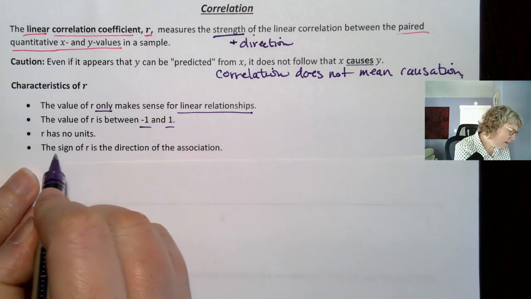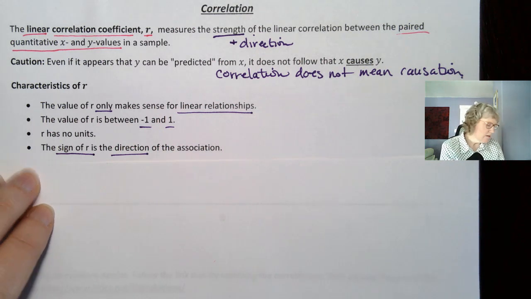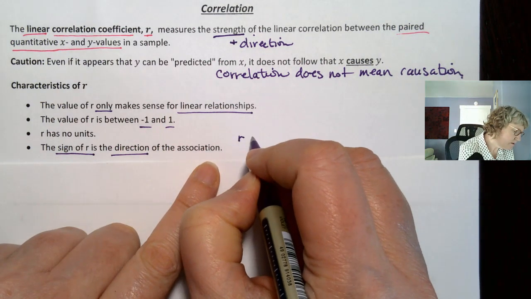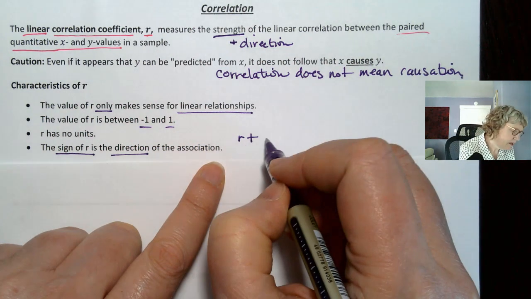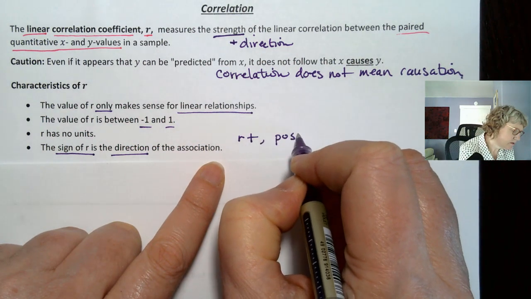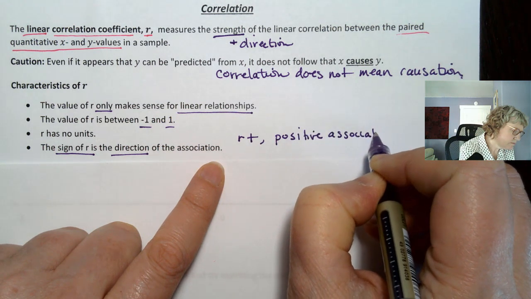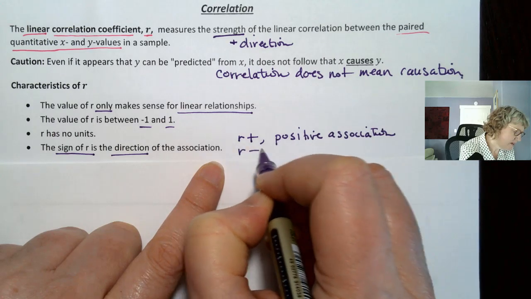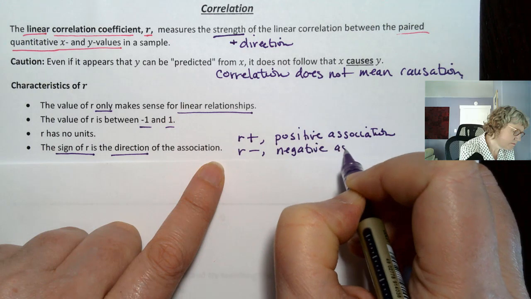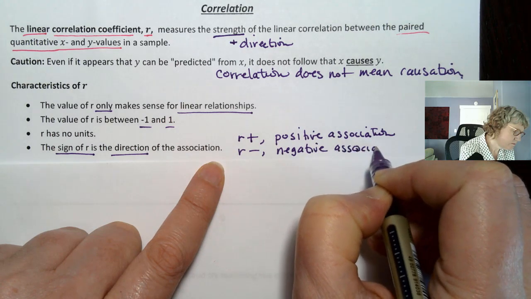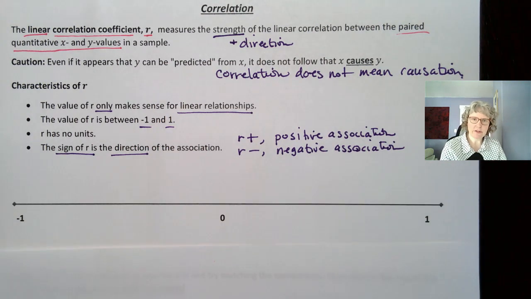If R is positive, then it's a positive association. If R is negative, it's a negative association. So it tells us the strength and it also tells us the direction.